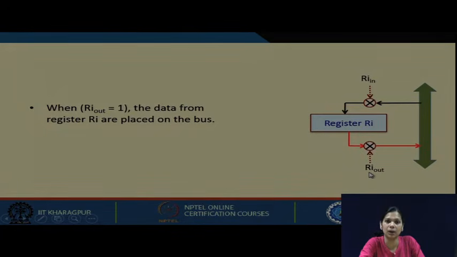When Ri out is 1, the data from register Ri will be made available on the bus. Now, when this is 1, this is happening. When this is 0, what will happen? There will be no change. The signal will not be activated, so nothing will happen, neither in nor out.